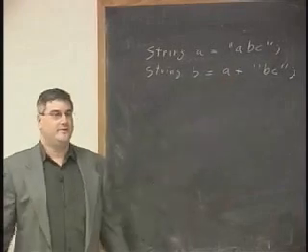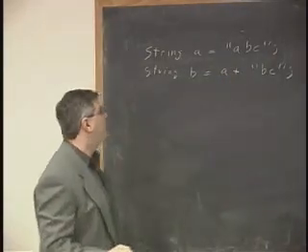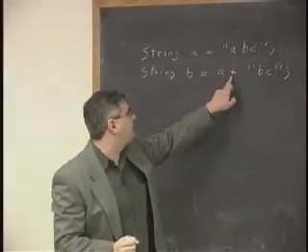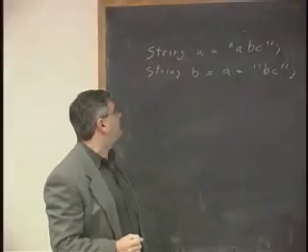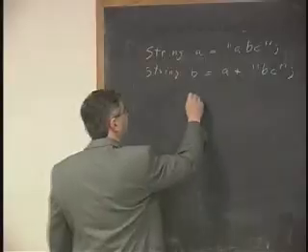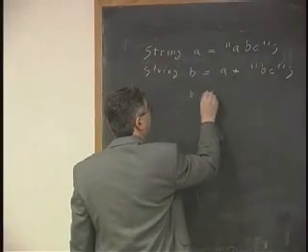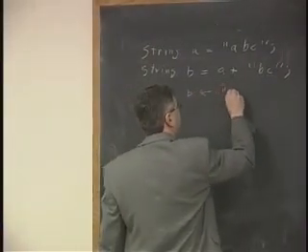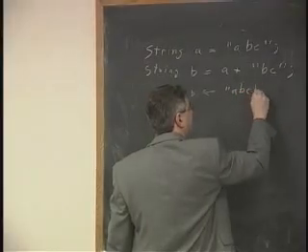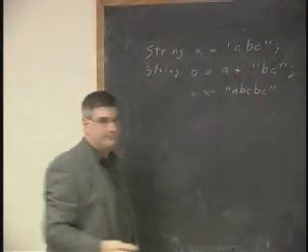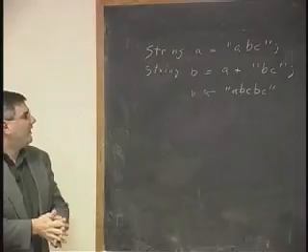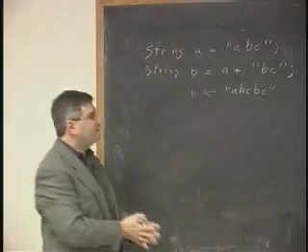So normally, plus applied to numbers means addition. Plus applied to strings means concatenation. So at the end of this, B would have the string A, B, C, B, C. Okay? So that's kind of neat.